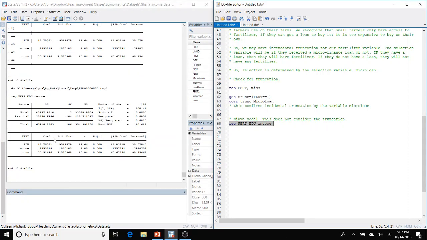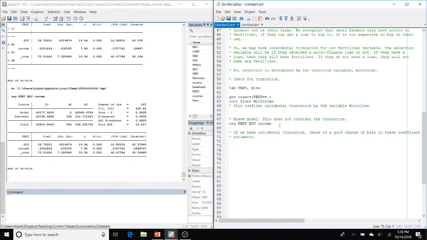Okay. But our issue is that if we have this incidental truncation, there's a really good chance that these coefficient estimates are going to be biased.